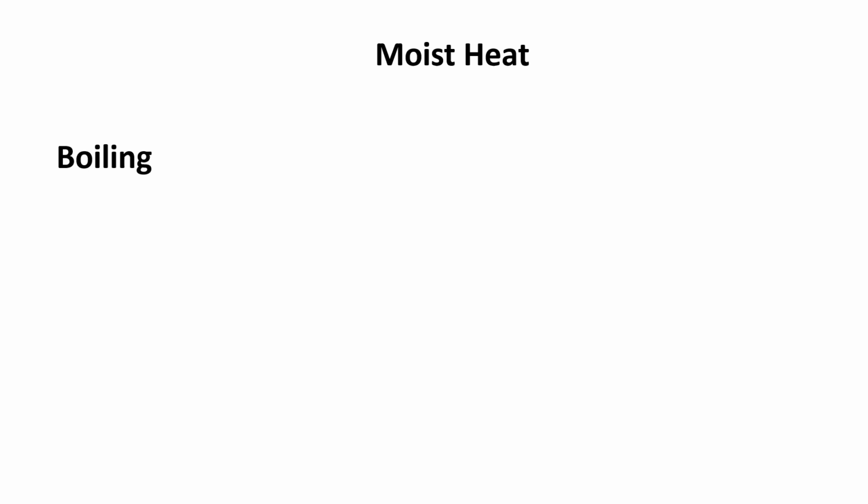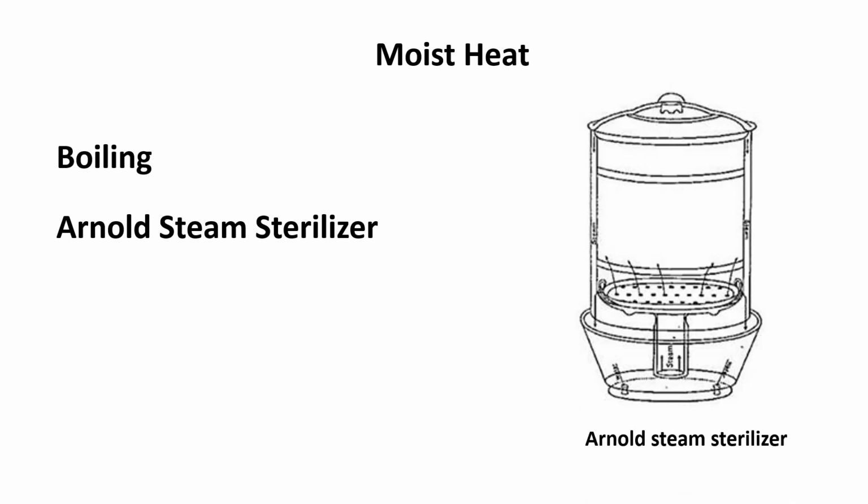The second method of using moist heat is Arnold steam sterilizer. The Arnold steam sterilizer was widely used in US and is based on the principle of live steam. As shown in the figure, it consists of a cylinder of tin or copper with a cover, which is enclosed in a movable cylindrical outer cover or hood.